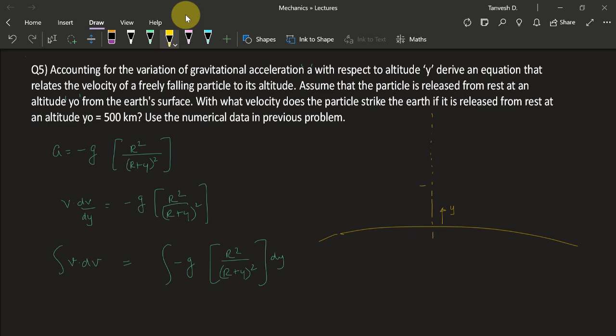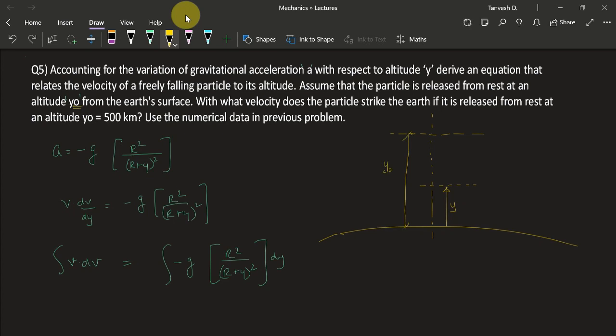So let us say this much distance is y, and there is some distance y0. We need to derive an equation that relates the velocity of the freely falling particle to its altitude. Assume that the particle is released from rest at an altitude y0. So let us say that altitude is here somewhere, this altitude is y0.